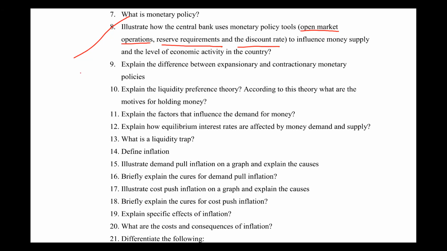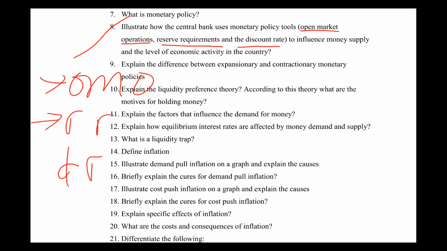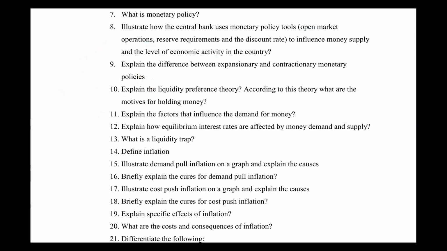The first one is open market operations, OMO. The other ones are the reserve requirement and the discount rate. Three of them. These are the main tools that the central bank uses to control the supply of money, okay? But what does the central bank do? Let's start with the open market operations, OMO.